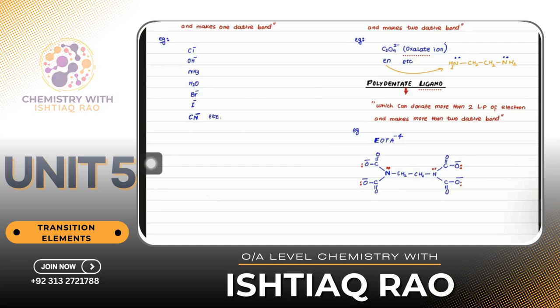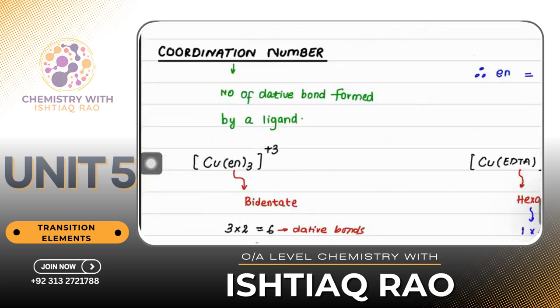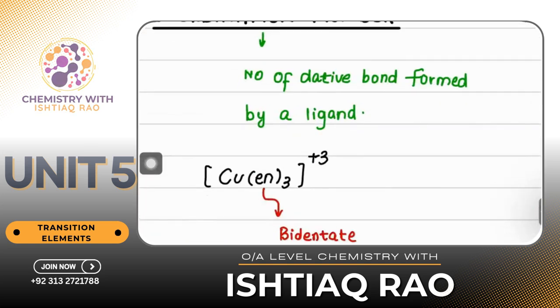What is coordination number? Coordination number means the number of dative bonds formed by a ligand. Some ligands can form one dative bond; they are known as monodentate ligands. Some ligands can form two bonds; they are called bidentate ligands.